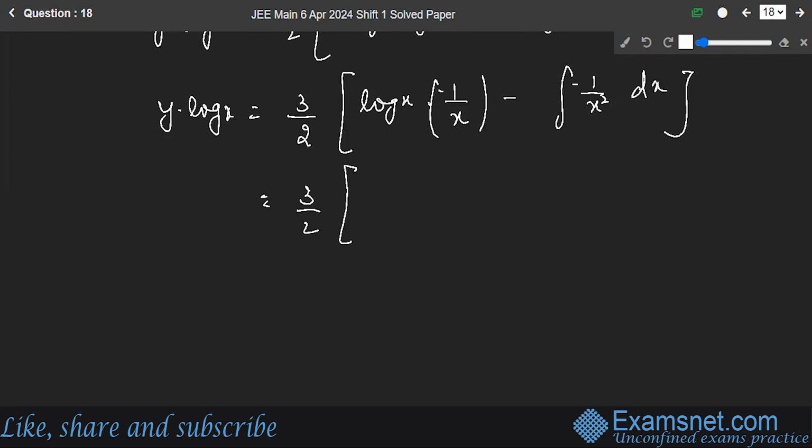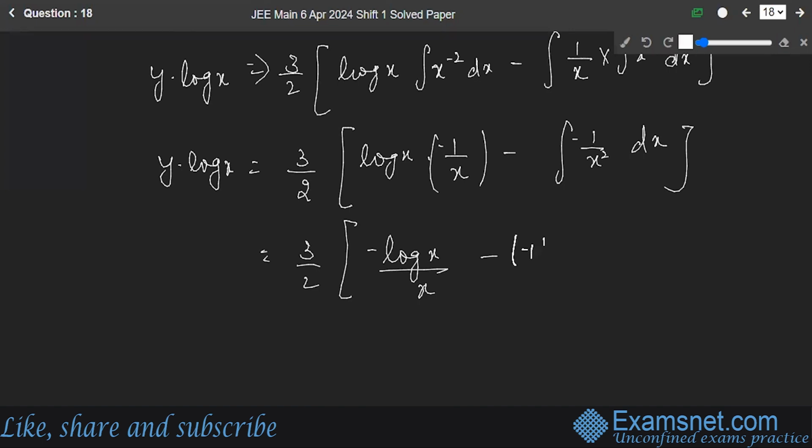3 by 2 outside. Let's take log x minus of log x upon x, plus this will give me x raised to power minus 2 will be minus 1 into this, minus 1 by x.